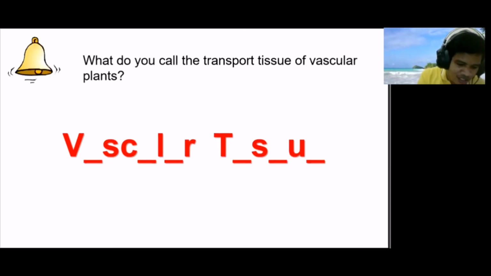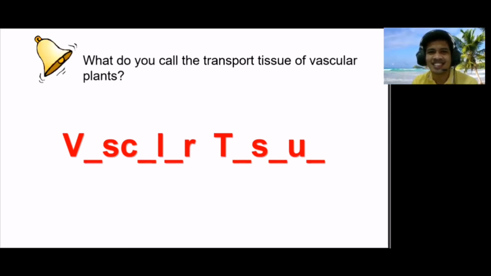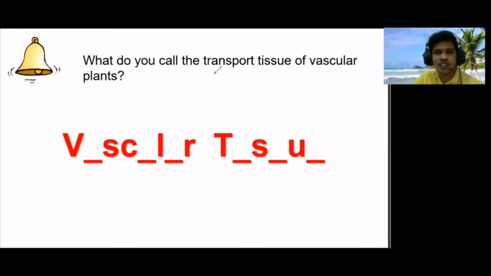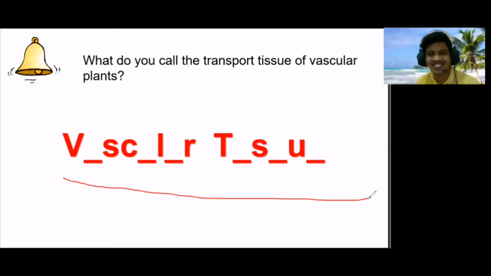Let us call Yok. Today is 8/24. Can you read this one for me, please? What do you call the transport tissue of vascular plants? What's the answer, Yok?